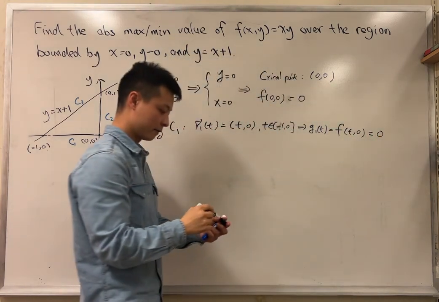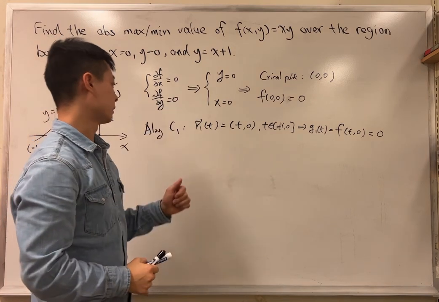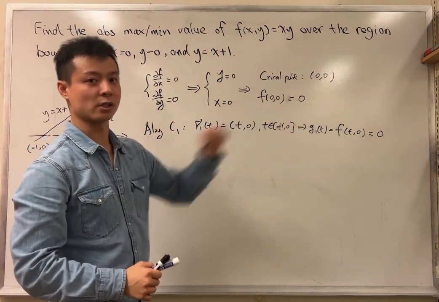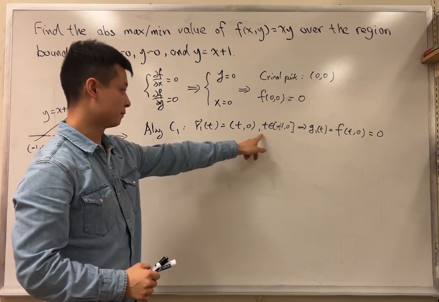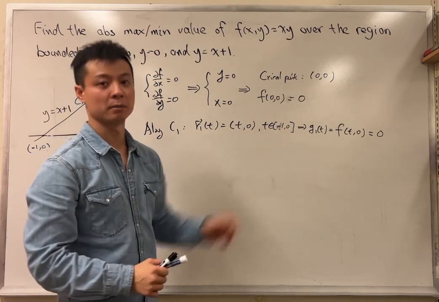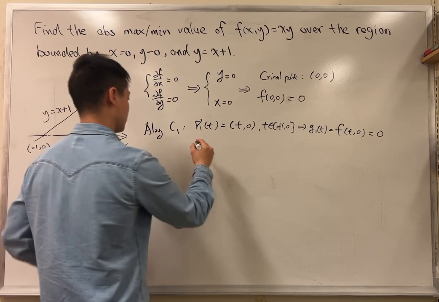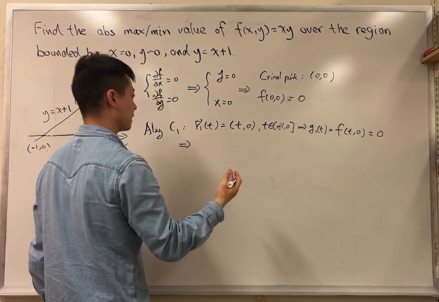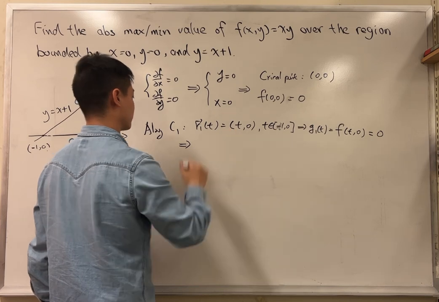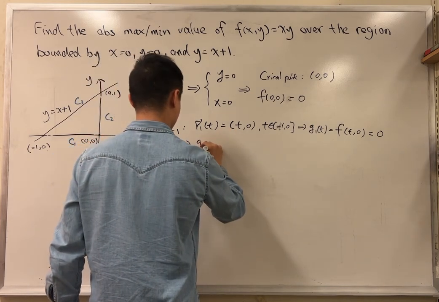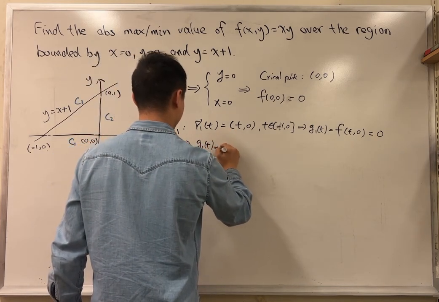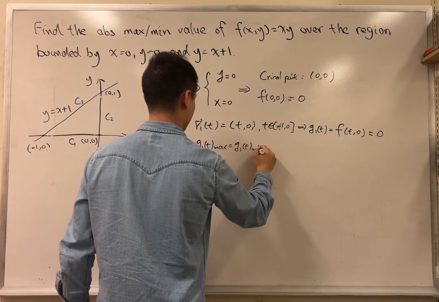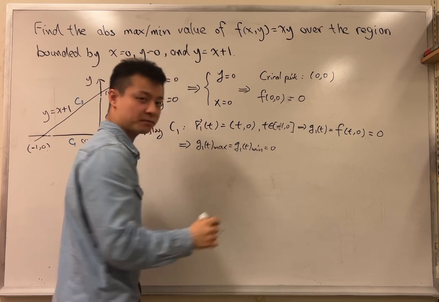So the function evaluated on this line segment is constantly 0, regardless of the value of t plugged in. That tells us that both the max and mean value of this function is 0. So g1 max equals g1 min equals 0.